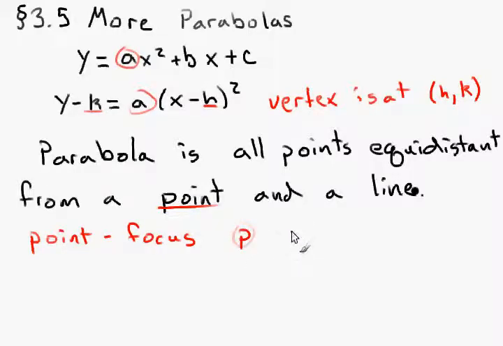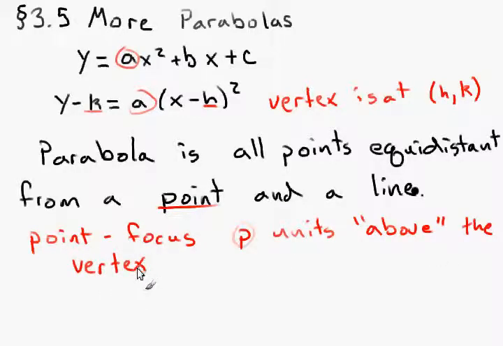It is P units above the vertex. It's at the coordinates h, k plus p. So if p is negative, then this is actually below. And it looks a little something like this. Here's a parabola. Here's the focus.